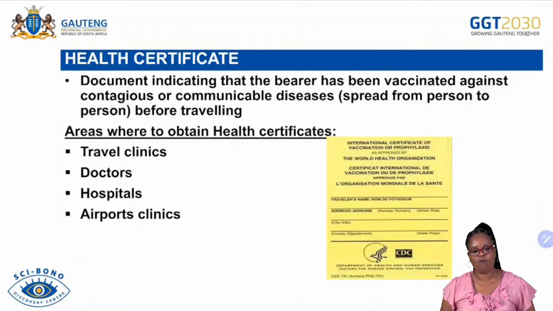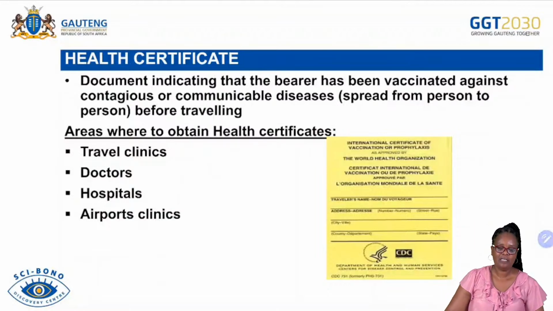These diseases are the ones that can spread from one person to another. And you must be vaccinated before you leave your country. Then you will be given the certificate.